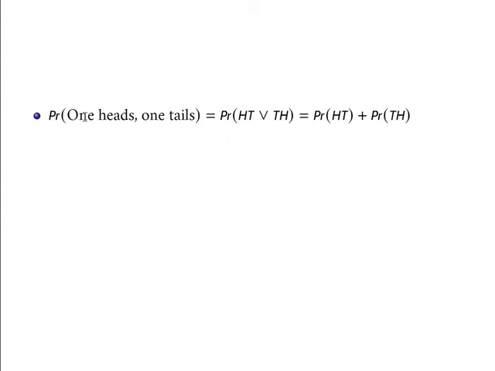So therefore we know that the probability of one heads and one tails will equal the probability of getting heads on the first flip and tails on the second, plus the probability of getting tails on the first flip and heads on the second.